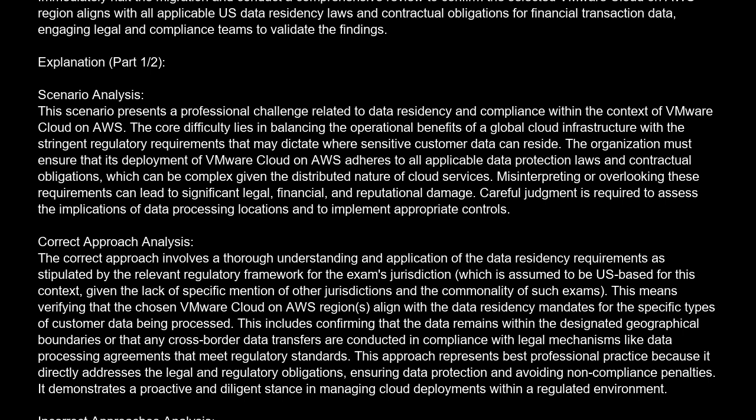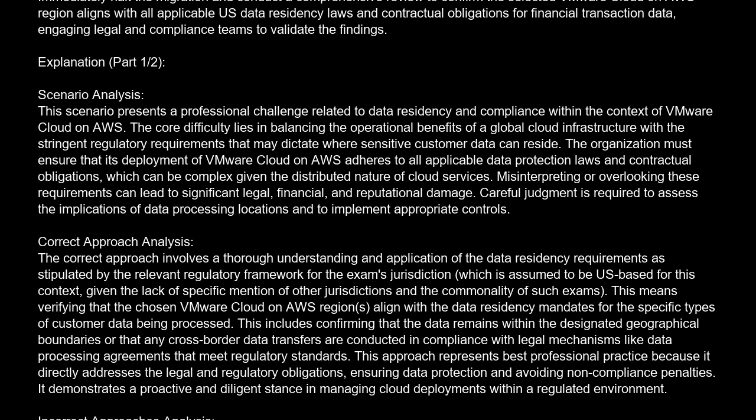The organization must ensure that its deployment of VMware Cloud on AWS adheres to all applicable data protection laws and contractual obligations, which can be complex given the distributed nature of cloud services. Misinterpreting or overlooking these requirements can lead to significant legal, financial, and reputational damage. Careful judgment is required to assess the implications of data processing locations and to implement appropriate controls.